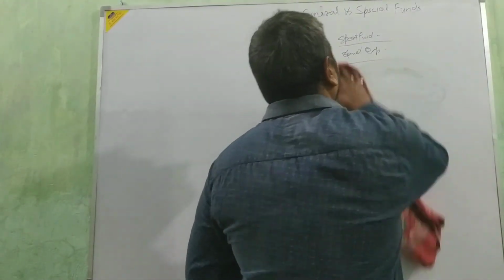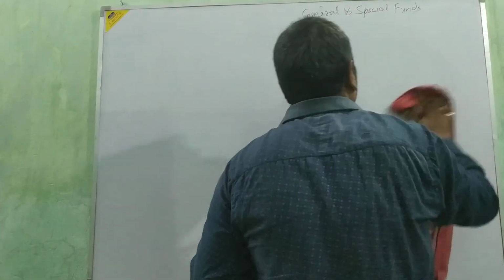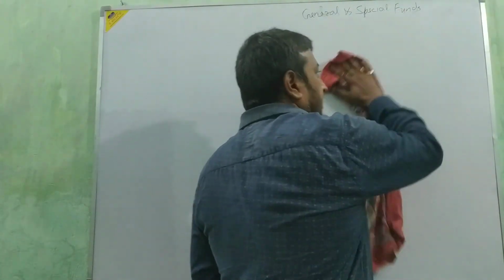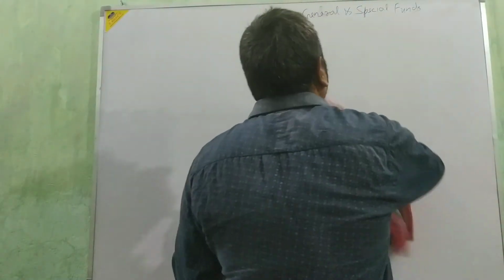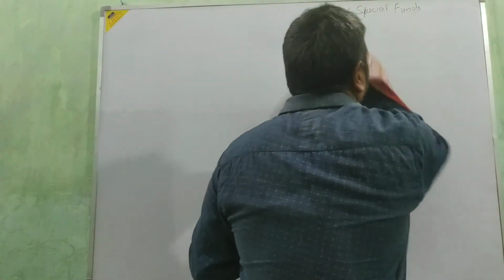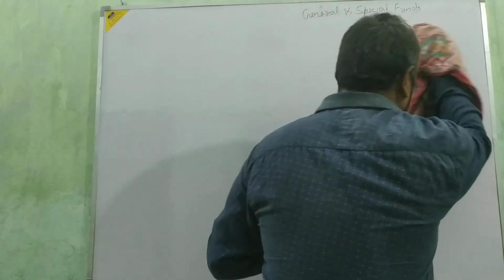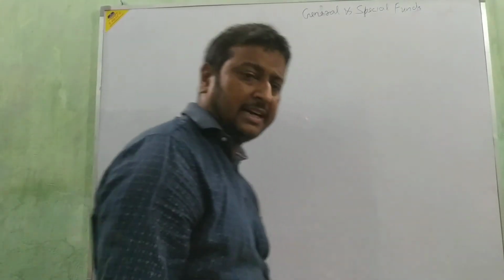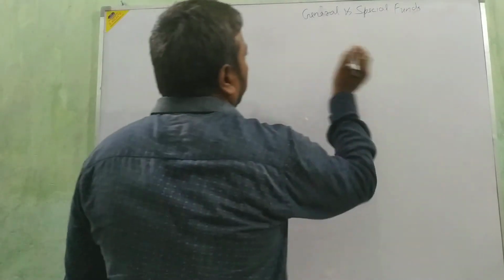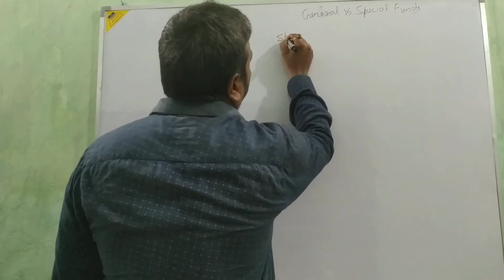Okay, clear? Same way, if income is given related with this special fund, that will add in this special fund. Okay beta, I am giving one proforma by which you can easily show this special fund.